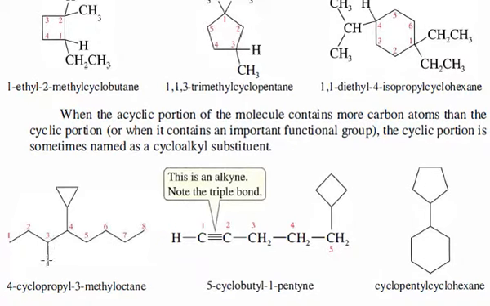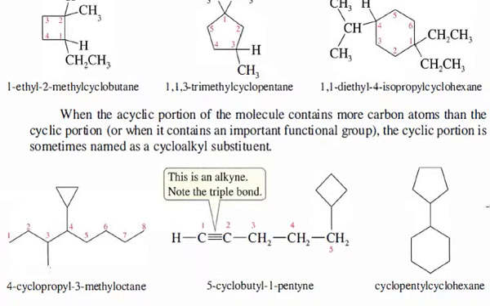We have 1 methyl group here, and we have a cyclopropyl here. We call it cyclopropyl because it lost 1 hydrogen atom. So we call it 4-cyclopropyl-3-methyloctane. We start with the cyclopropyl because you need to do it in alphabetical order.